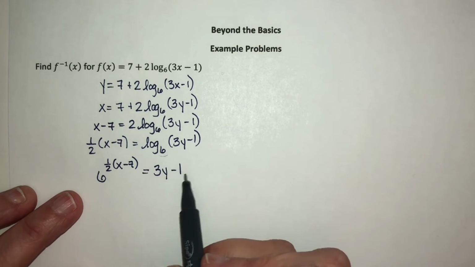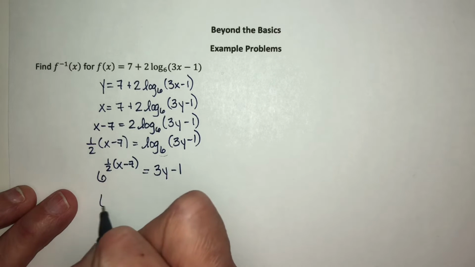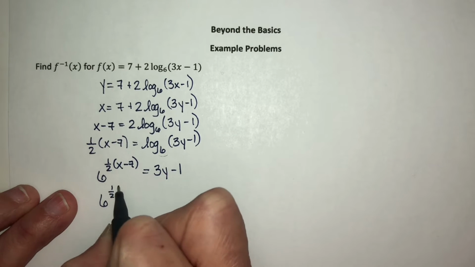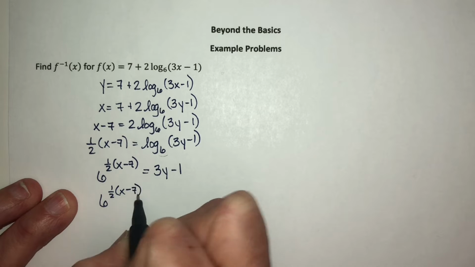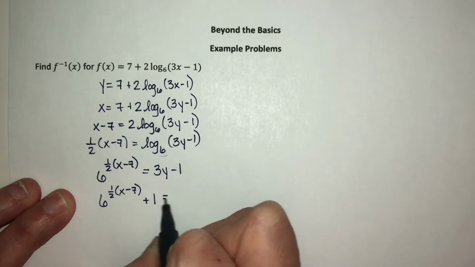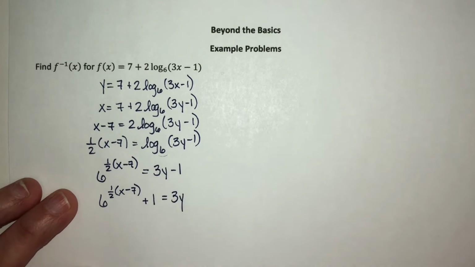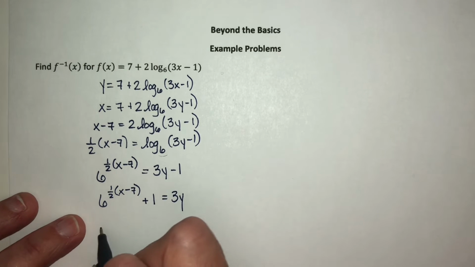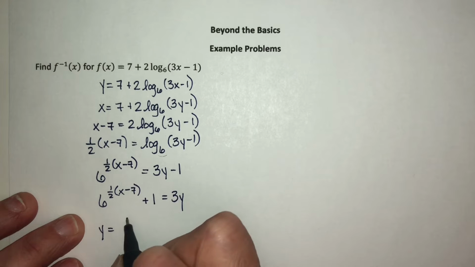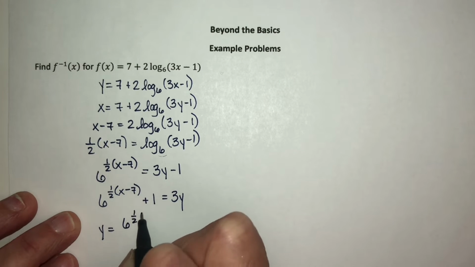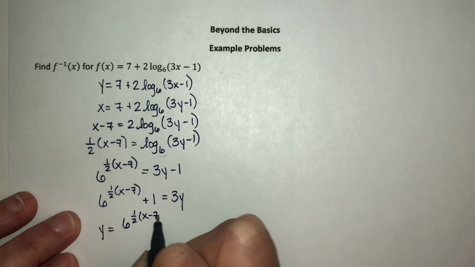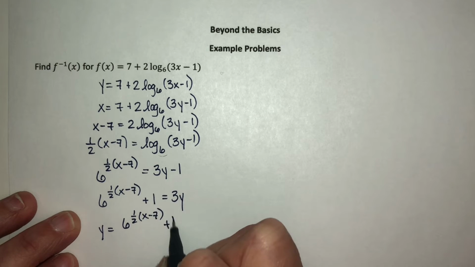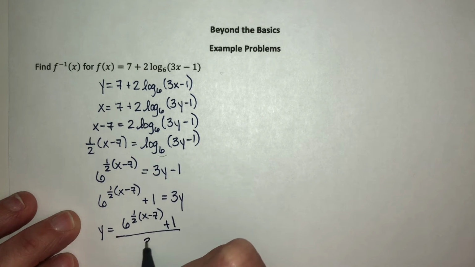Okay. Now add 1 to this. And now divide this by 3, and you end up with y is equal to 6 to the 1/2 times x minus 7 plus 1, all divided by 3.